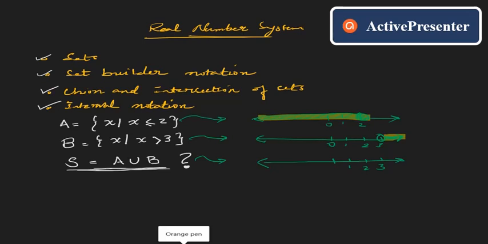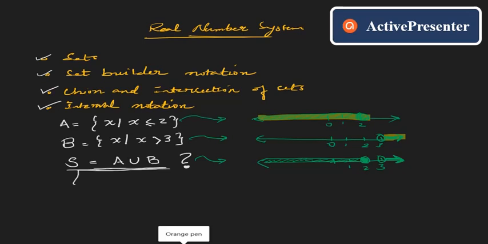So all these areas represent S. So what is S? It should be from negative infinity to 2 and from 3 to positive infinity, from 3 open of course to positive infinity.